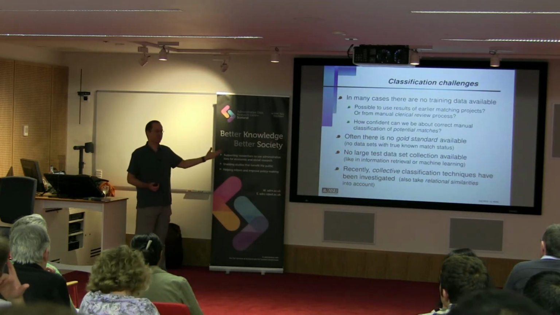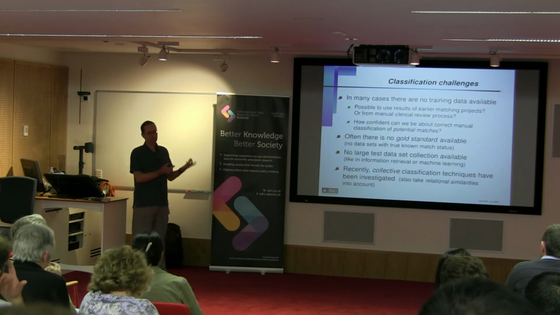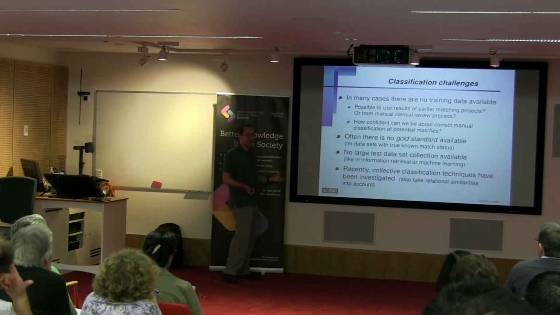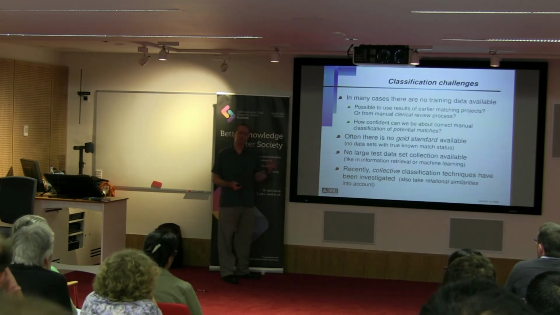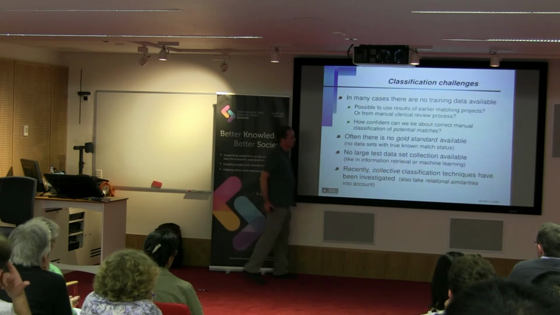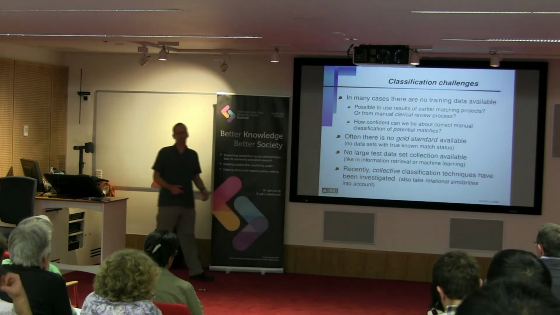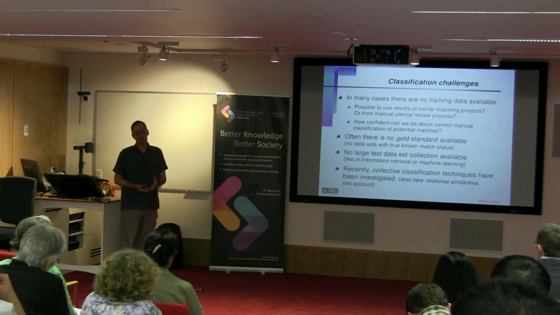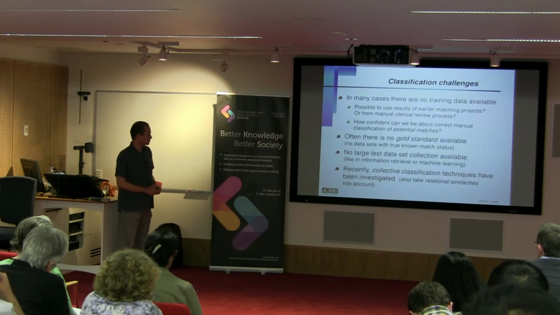So there is information retrieval, web search, have test data collections. Machine learning has data collections which you can download data sets. In record linkage, we don't have that, right? So it's very difficult to do research in record linkage because we don't have real data. What we often do is generate synthetic data, and I'll talk about this a bit later on.